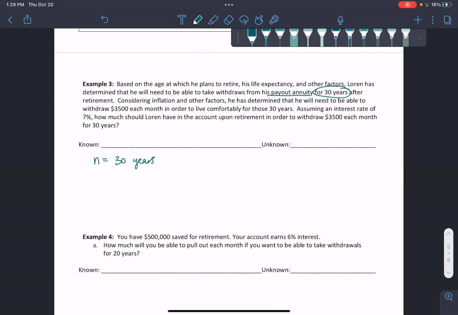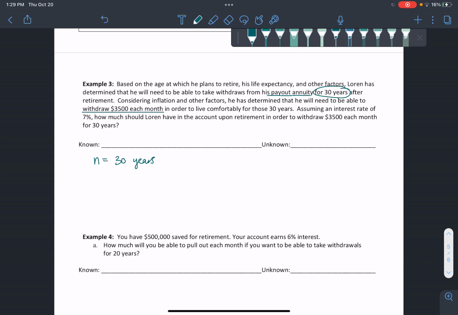After retirement, considering inflation and other factors, he has determined that he will need to be able to withdraw $3,500 each month. We just got a lot of info right there. So withdraw, we're taking out. That's another ding, ding, ding. This is a payout annuity.